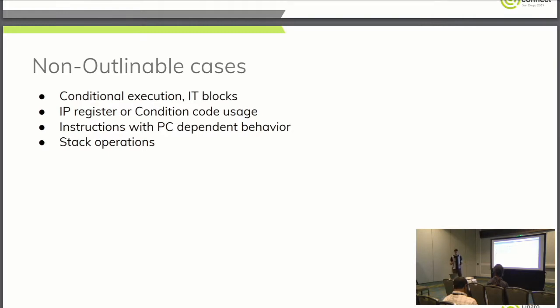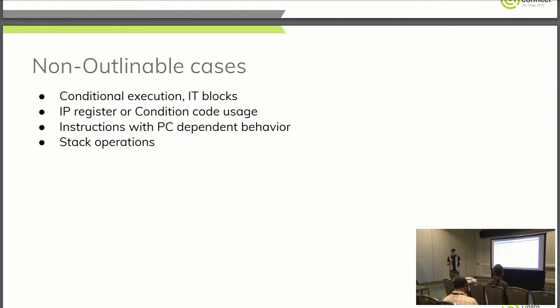Again, the IP register, the linker might use that, and the same with condition codes. If you've got an instruction with PC-dependent behavior, like a PC-relative load, and you move it somewhere else, that load from the PC is going to be somewhere different to where you expect. There might be some cases where a very smart outliner might be able to fix that up, but for the moment it just says, no, not going to do it.